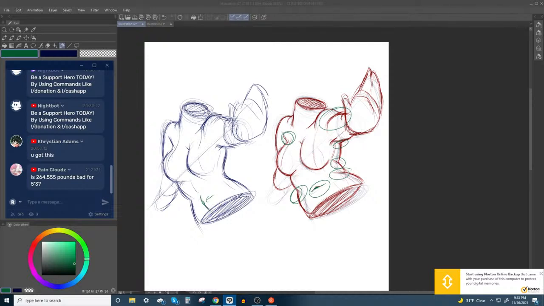I can make the body look more flabby if I want, but that's not the point. We want her to look chubby, like really chubby, like she has to be obese-ish. So we're going to cut this upper torso off here, because it's not going to look like that. Okay, I'm going to erase this, okay, like this.